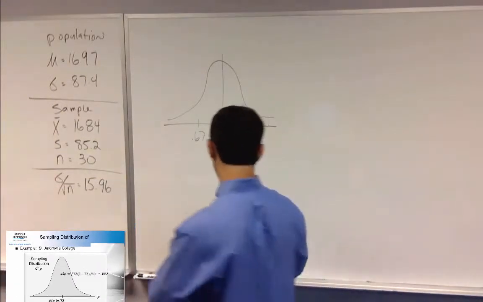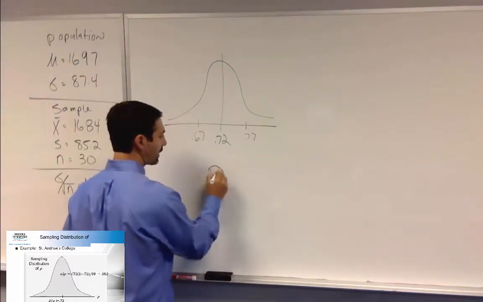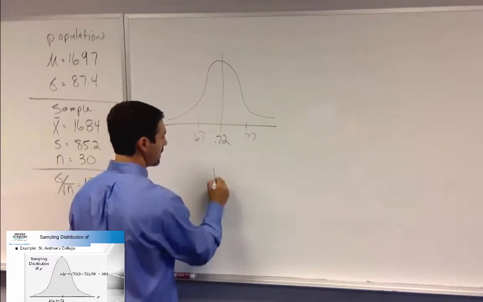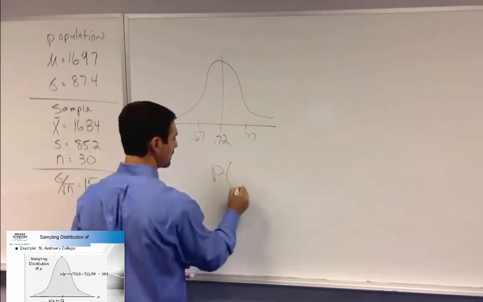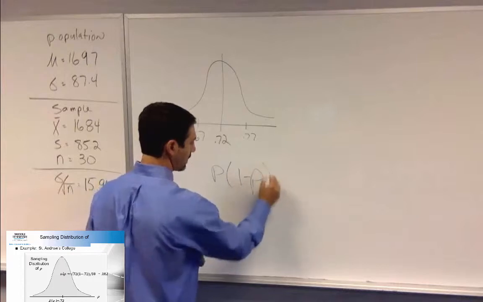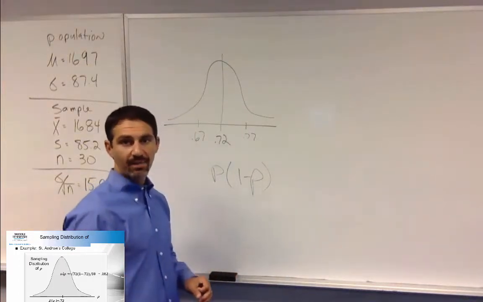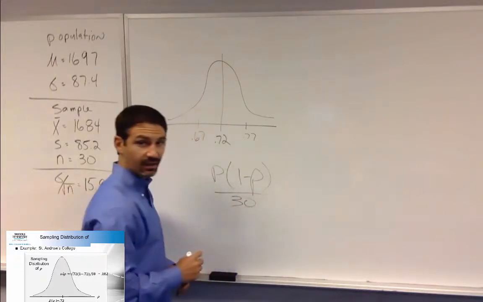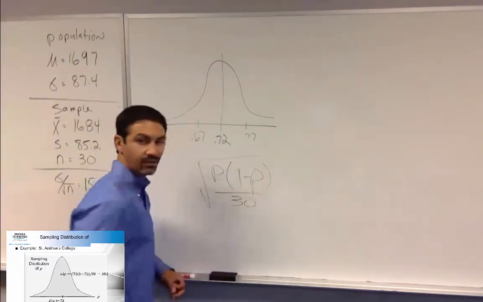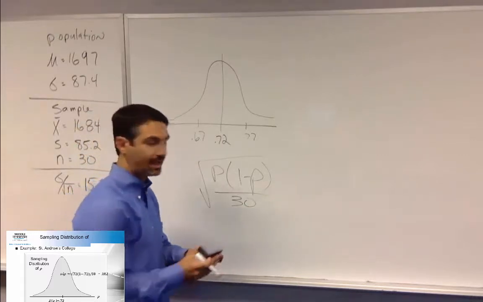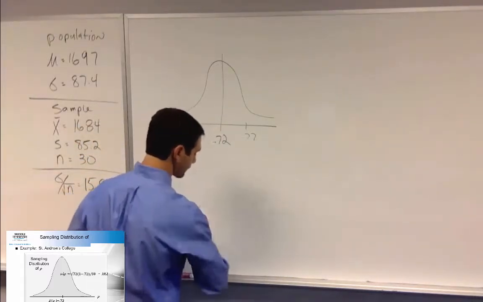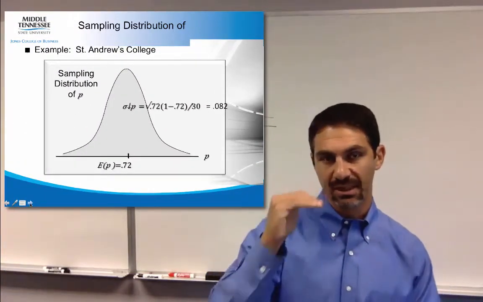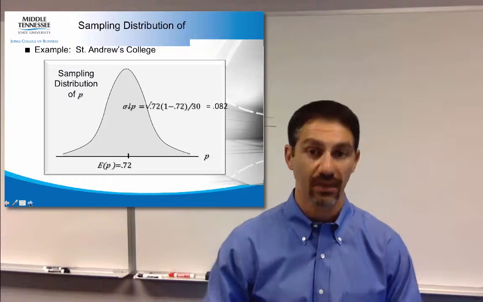You take the population proportion times the complement of the population proportion, divide that by 30, and then take the square root of that, and you get 0.082. So that's where that 0.082 comes from. That then becomes the denominator of our z-score calculation.